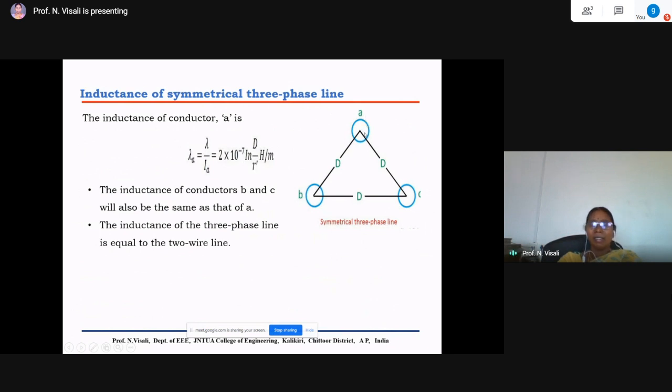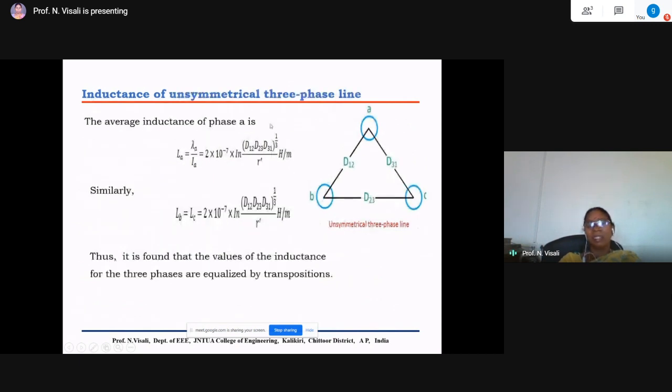These two conductors are also identical, so the same inductance applies. LB is again the same and LC is also the same. So the total inductance of the three-phase line is equal to that of the two-wire line.